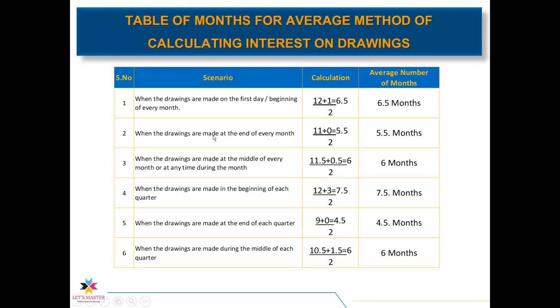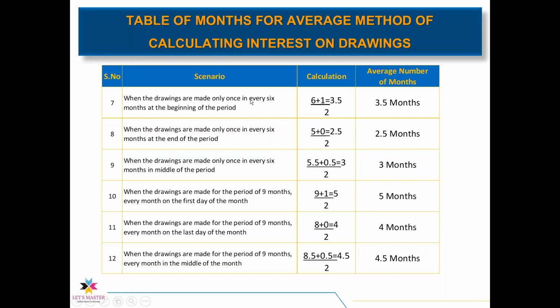And these are the average number of months. So if the drawings are made at the beginning of every month, the average number of months that we will use in the formula is 6.5. End of the month, 5.5. Middle of the month, 6 months. Beginning of every quarter, 7.5. End of every quarter, 4.5. Middle of every quarter, 6 months.